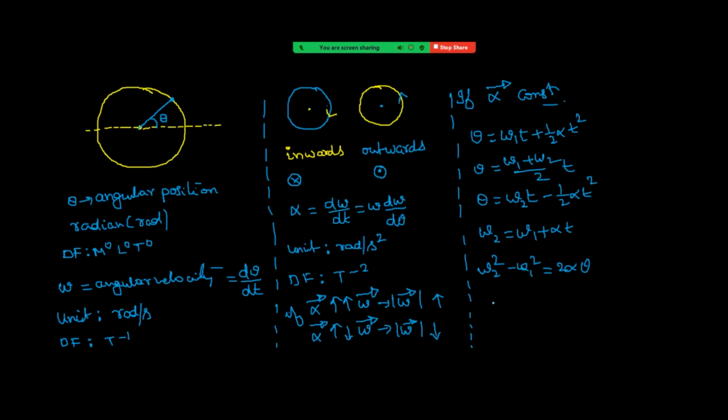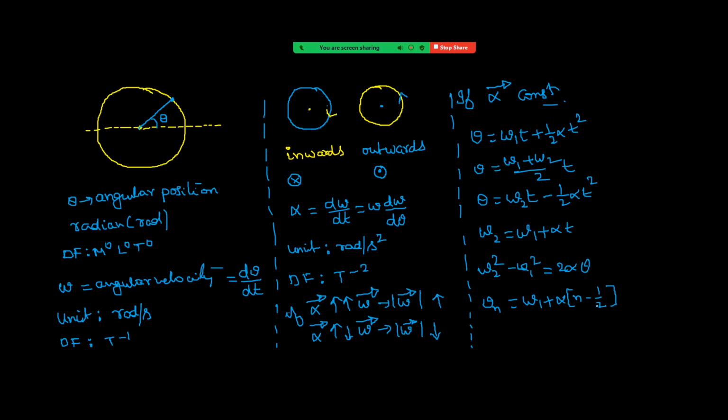And next, we have discussed like Sn, right? In the place of Sn, it is now theta n. There we have written u plus a into n minus half, it is omega 1 plus alpha into n minus half. So angular displacement in nth second is omega 1 plus alpha into n minus half.